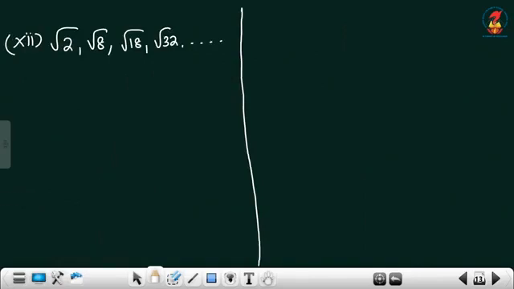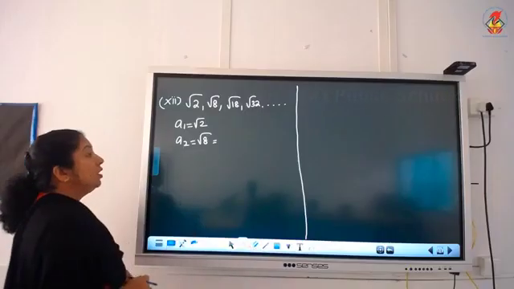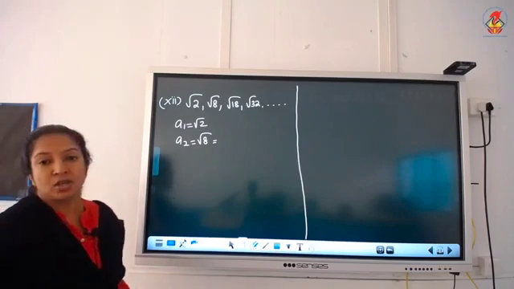Next question, 12th subdivision. So, root 2, root 8, root 18, root 32, etc. So, A1 is equal to root 2, A2 is equal to root 8. You can write this in terms of root 2.